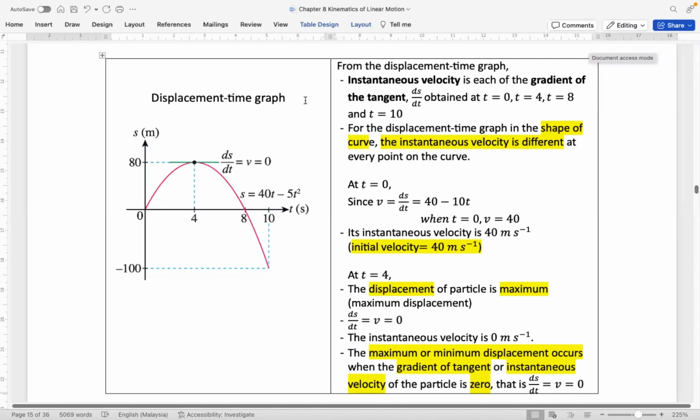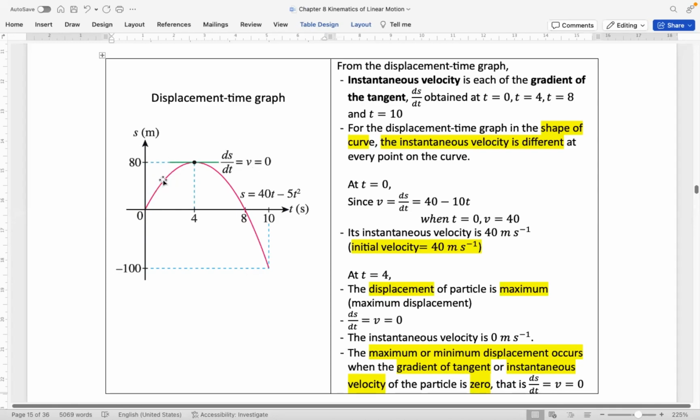First of all, we have a displacement-time graph based on this equation, s equals 40t minus 5t squared. The gradient of the tangent at all the points on the curve is actually the instantaneous velocity. That means if you have a point here and you want to draw a tangent line, the gradient of the tangent line is ds/dt, and ds/dt is actually velocity.